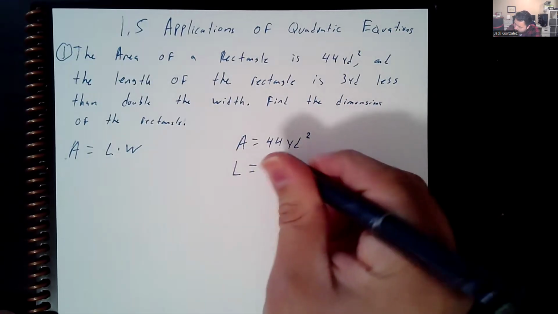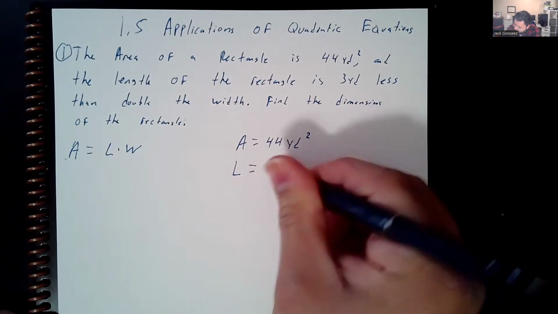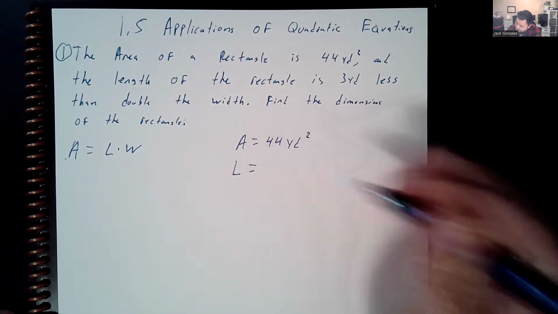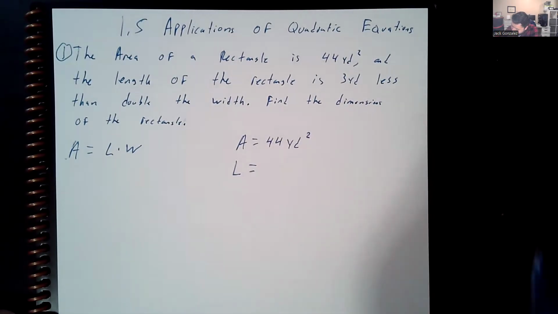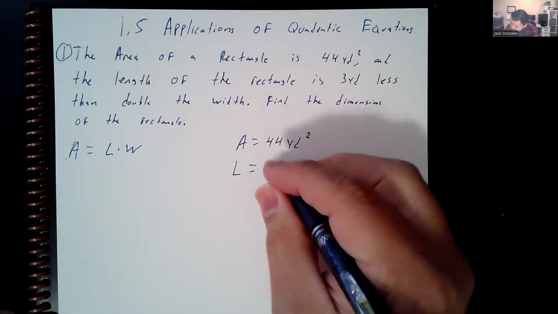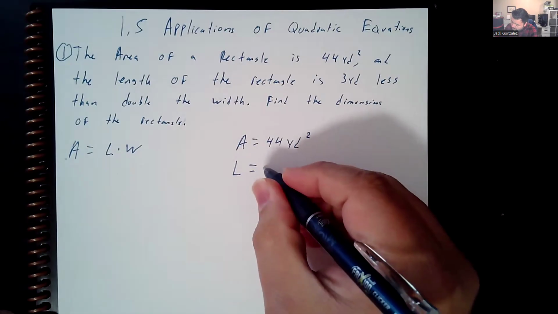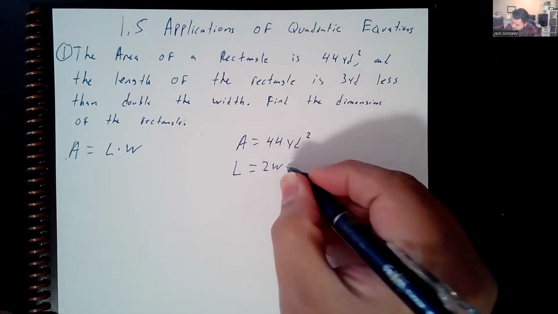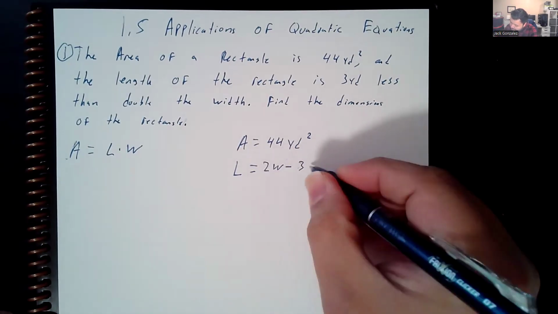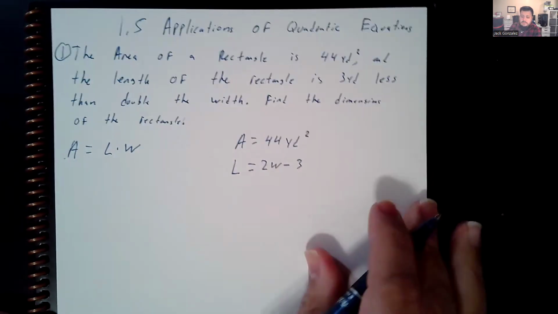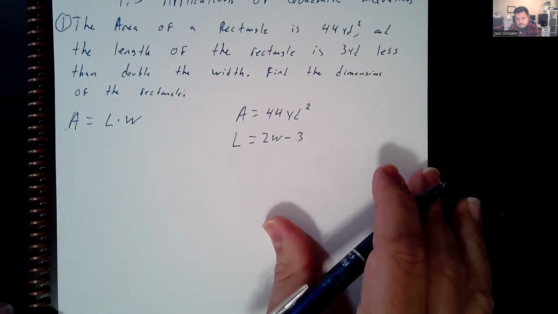Oh wait, so less than means I'm subtracting from it. So it would be double the width minus 3 yards. We'll just keep it at three and understand that this will all be in yards. Okay.